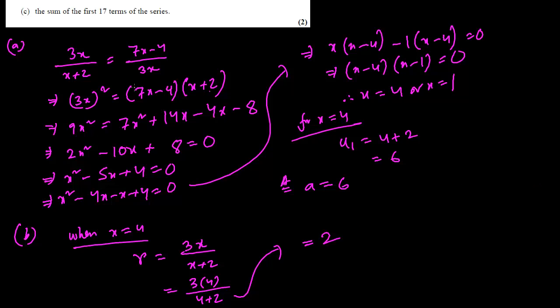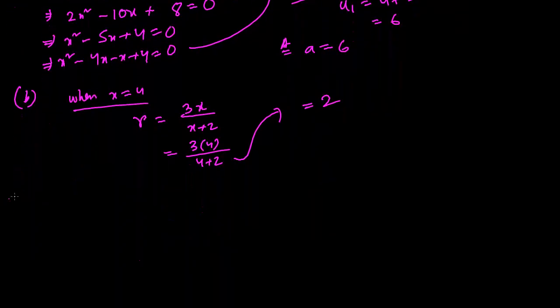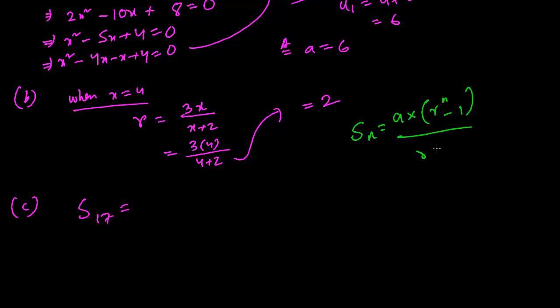Question C, we have to find the sum of the first 17 terms, so we have to find S17. Since r is 2, it is divergent, meaning the absolute value of the common ratio is more than 1. So the sum of n terms for a divergent series is going to be the first term multiplied by r to the power n minus 1, divided by r minus 1.